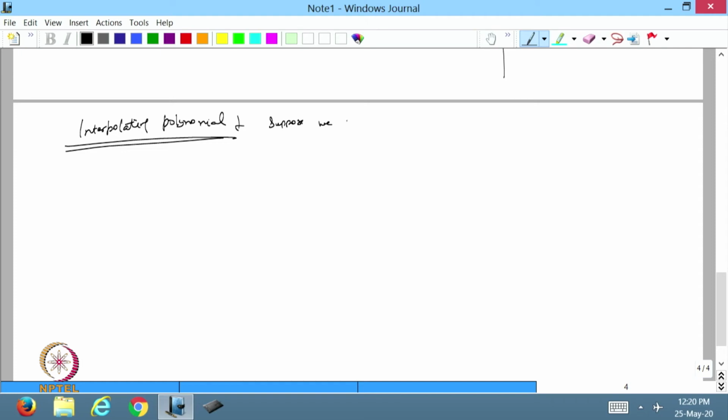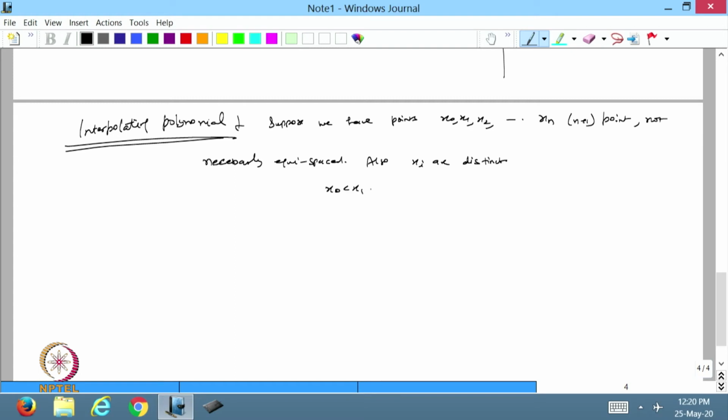Suppose we have points, the nodal points x0, x1, x2 up to xn, n plus 1 points, not necessarily equispaced. Also, all xi are distinct. It means I can write x0 less than x1 less than x2 less than xn.